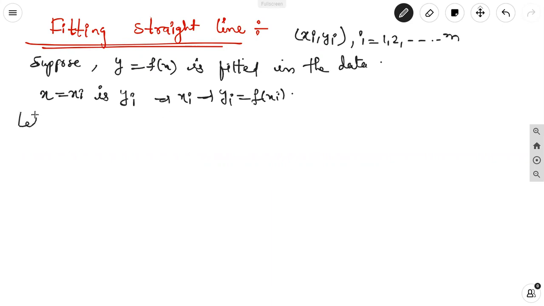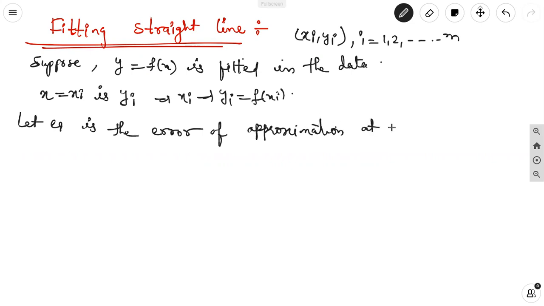In this, let ei be the error of approximation at x equal to xi.